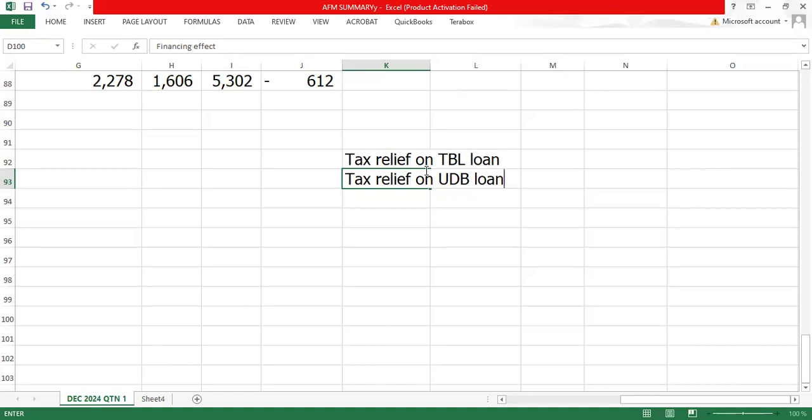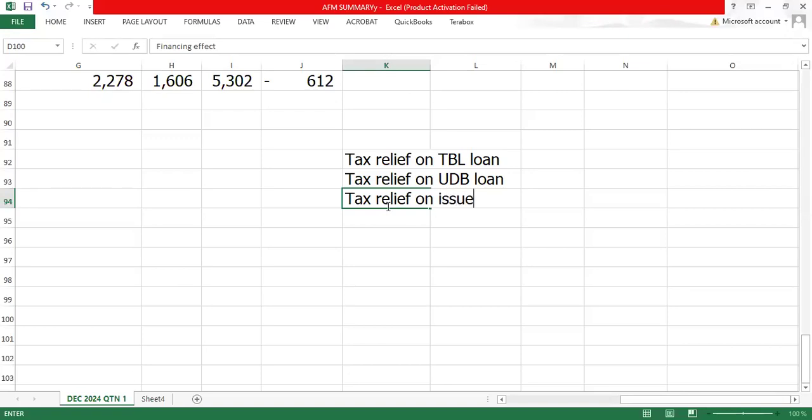You will need the tax relief on the issue costs.